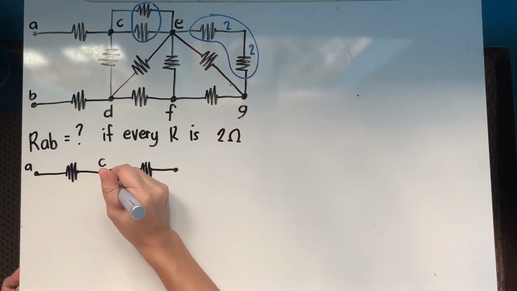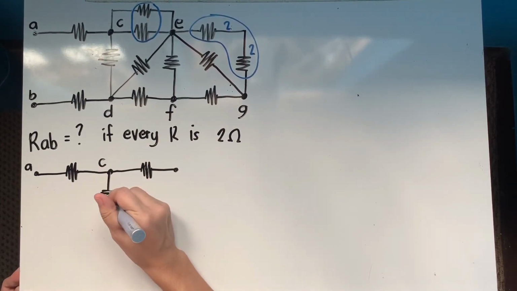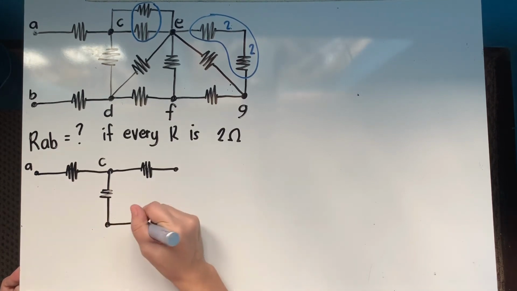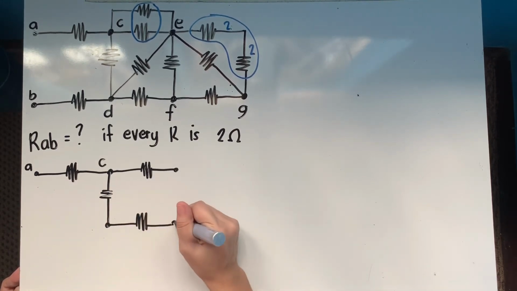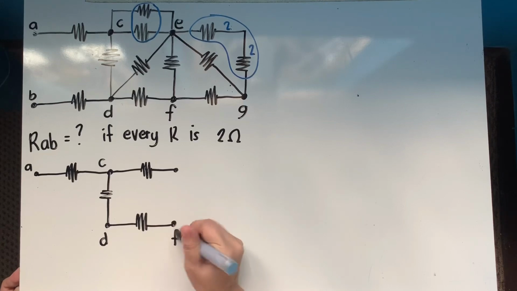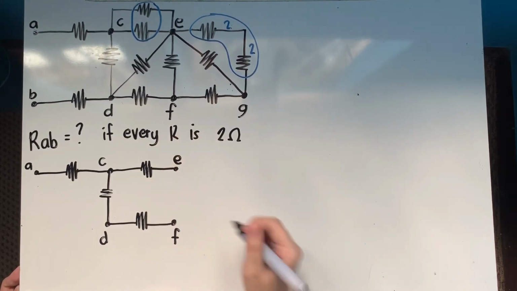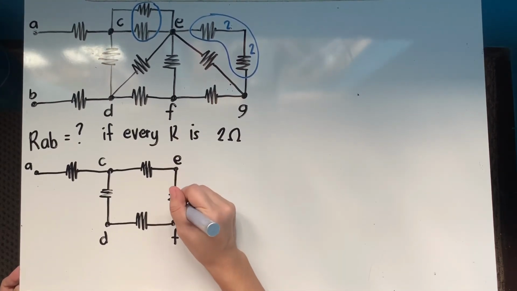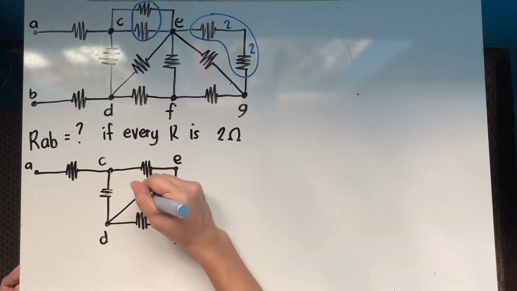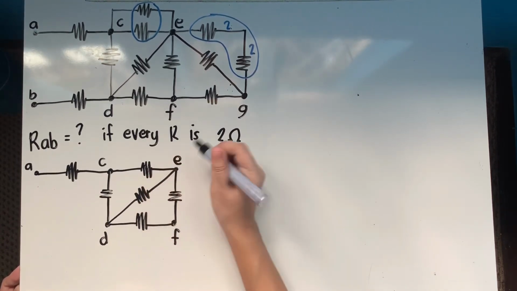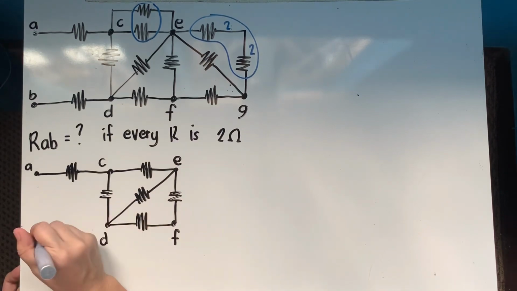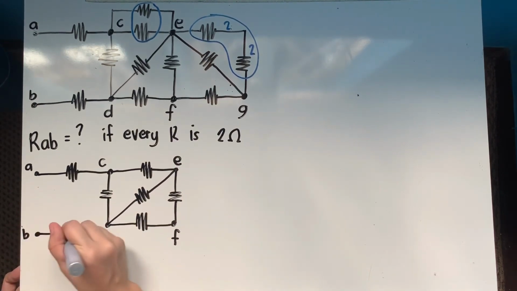And then, you still have a resistor here from C papuntang D. And then D to F, you still have this resistor here. So this is D, this is F, this is E. E to F, you still have this resistor. Hindi pa natin nasisimplify yan. And then this one, in the diagonal, connecting E and D. Then you still have terminal B with a resistor.